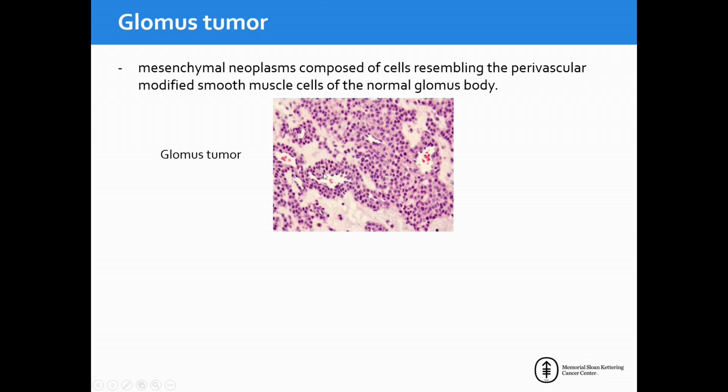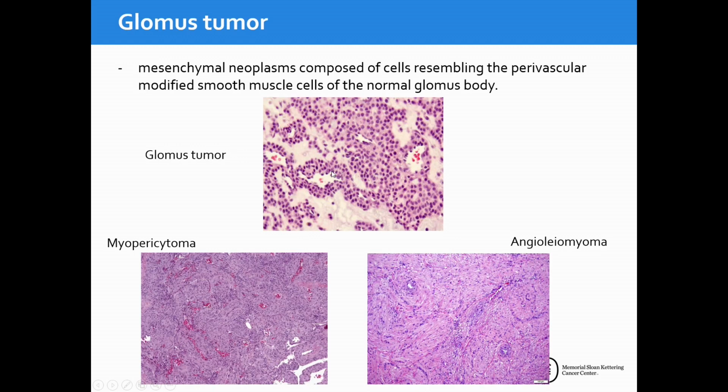So it's a pericytic neoplasm. The other tumors in the pericytic family that we consider are myopericytomas and angioleiomyomas, with varying levels of smooth muscle differentiation between these three tumors. But they all stain for SMA strongly.